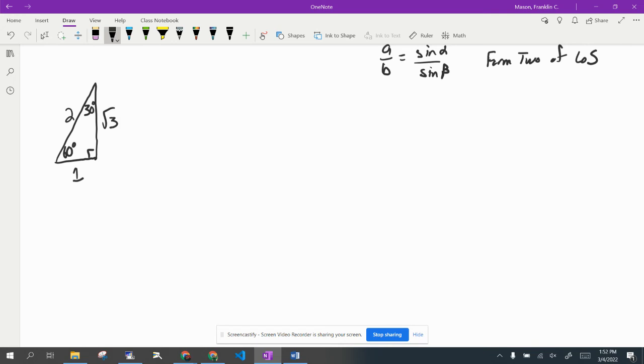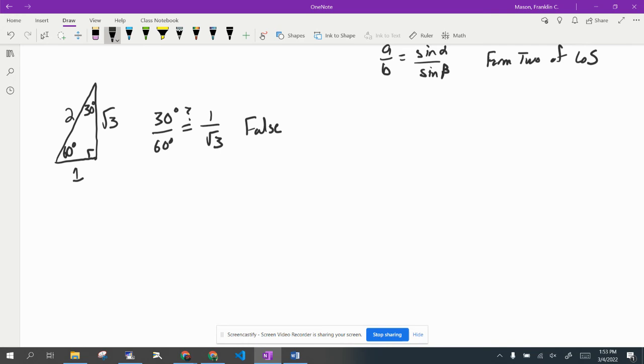That's exactly right. So what about this assertion that sides are proportional to their opposite angles? If that were the case, then the ratio of 30 to 60 would have to be equal to the ratio of 1 to root 3. Well, is that true? No. That is surely false.